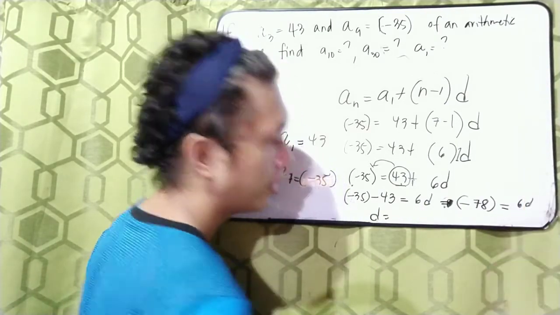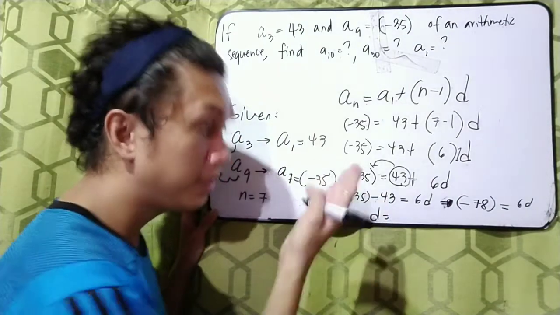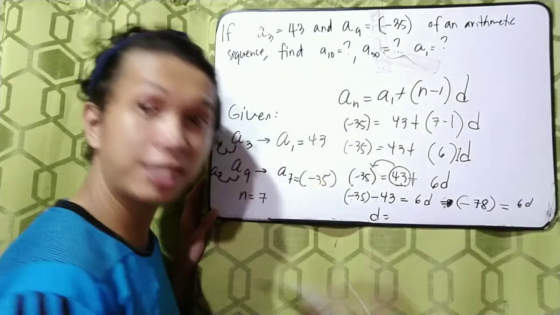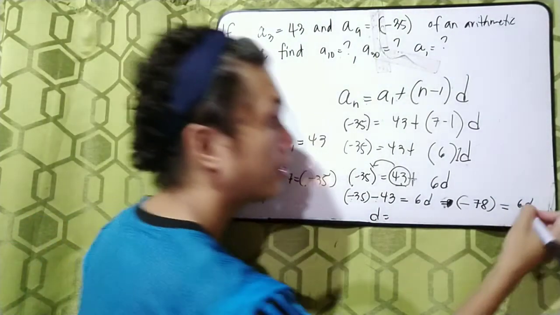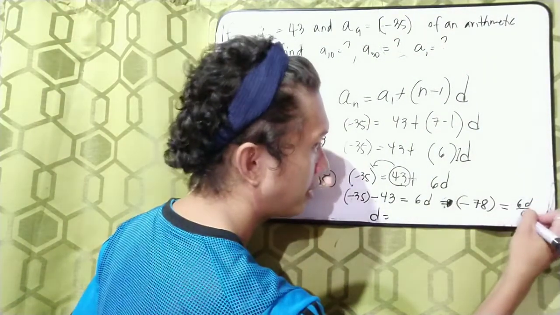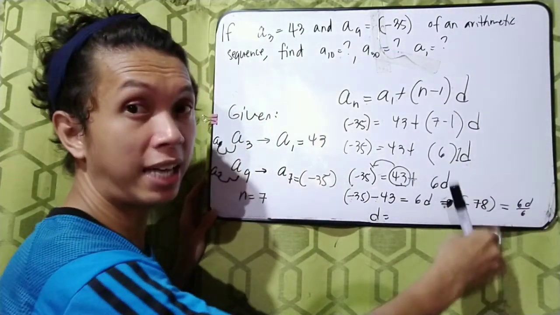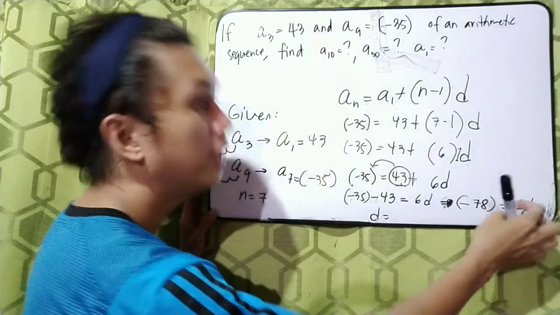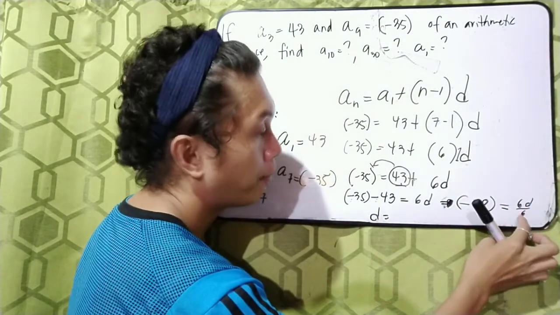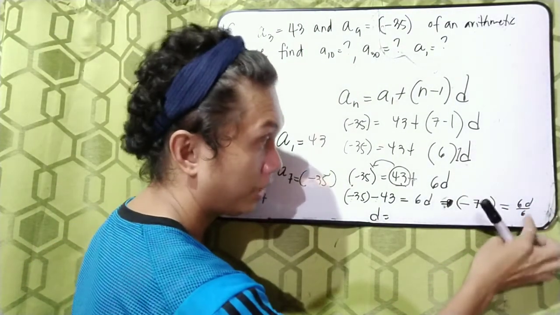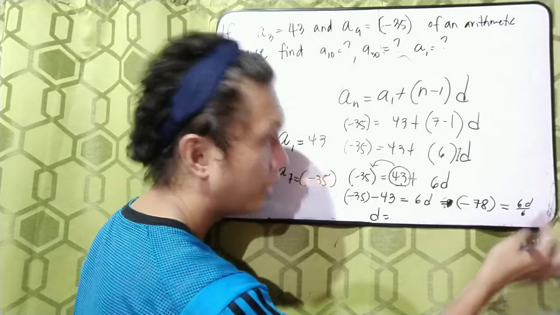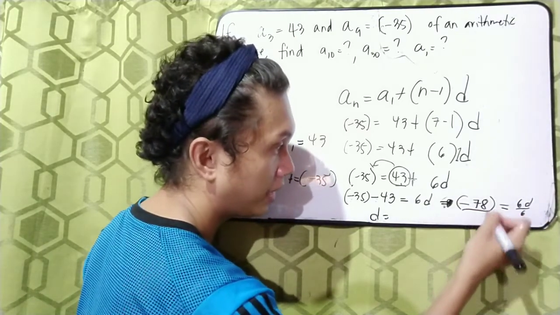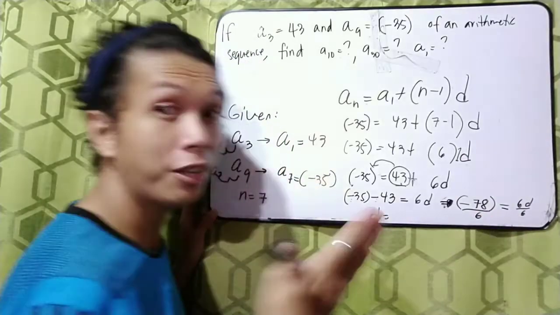6d. And we need only d, but it has 6 beside it. All we need to do is divide it by 6. Whatever number is beside the variable d, that's the number we are going to divide by. And since we divide on this side, we will also divide on the other side, because that is an equation.